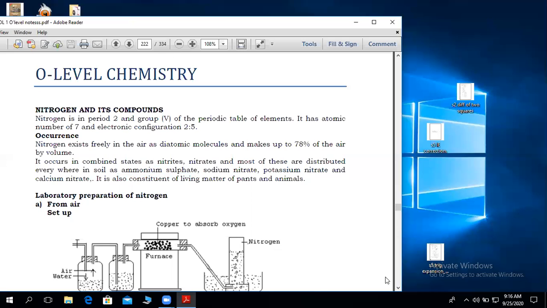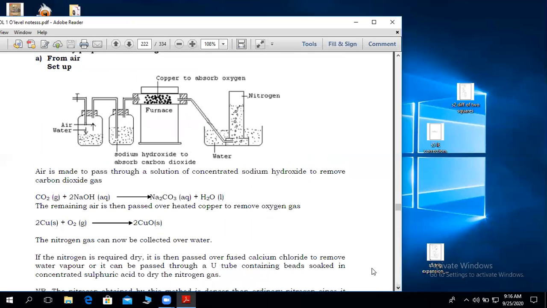Laboratory preparation of nitrogen. How do we prepare nitrogen? I want you to pay attention here. This is very, very important. Now, remember we have laboratory preparation and industrial manufacture. So if we want a sample of nitrogen in the laboratory, this is what we use.